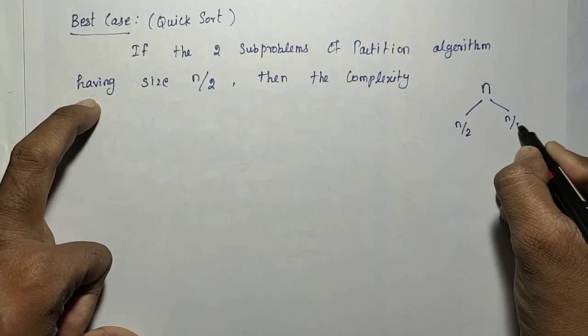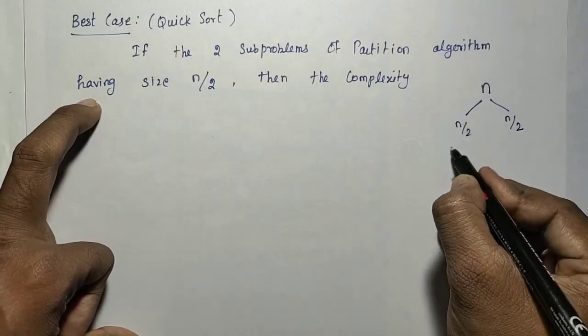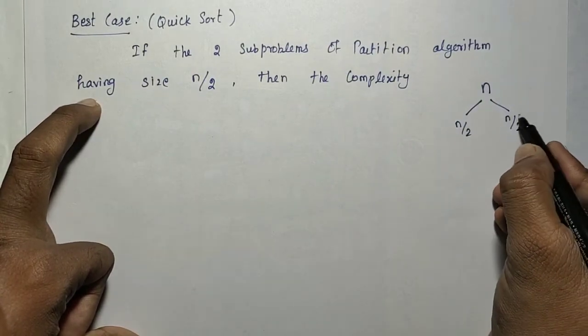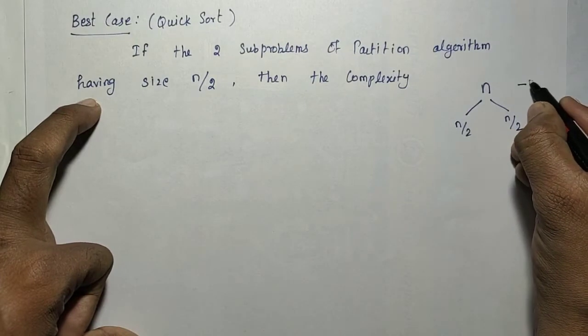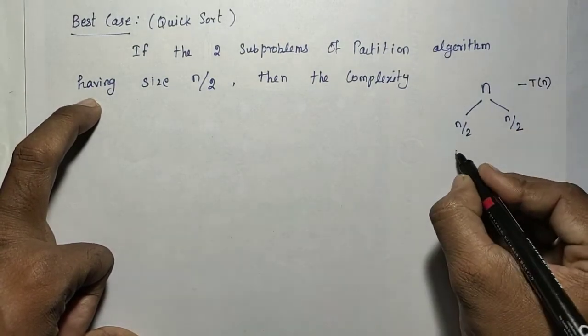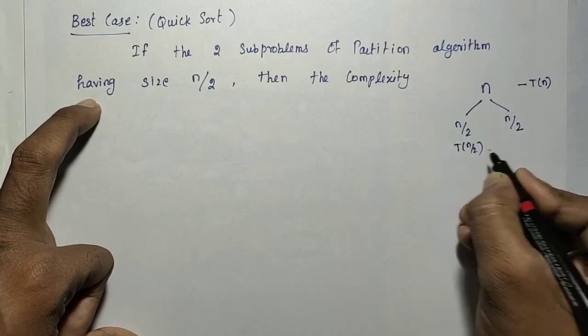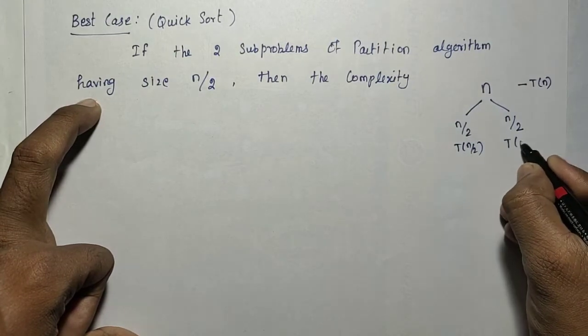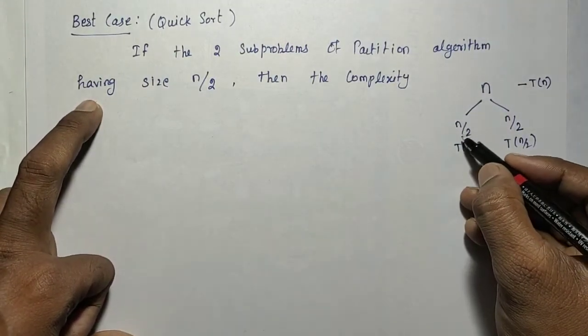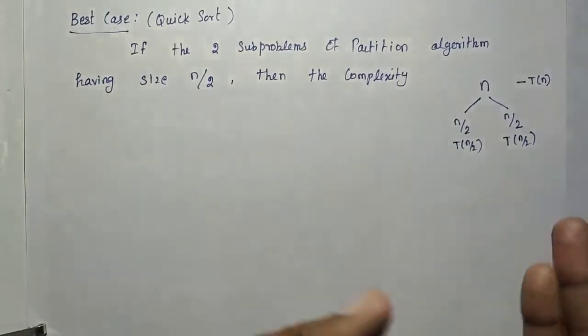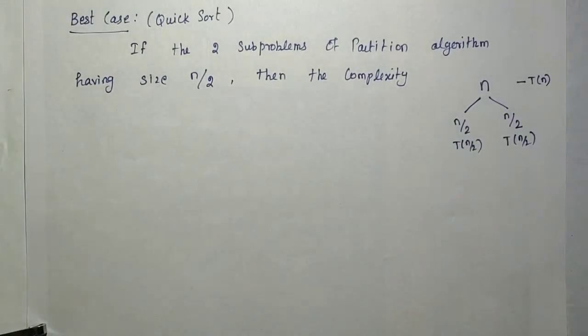two subproblems. Then we apply quicksort for this one and quicksort for this one. If this algorithm has complexity T(n), this one will be T(n/2), and this one will be T(n/2). Again we assume that each problem will be divided again into n/2 by 2, n/2 by 2, like that.